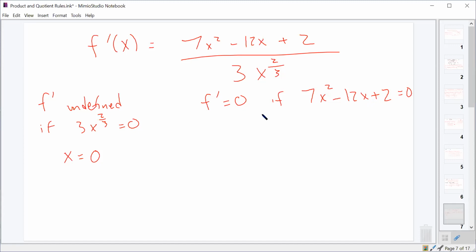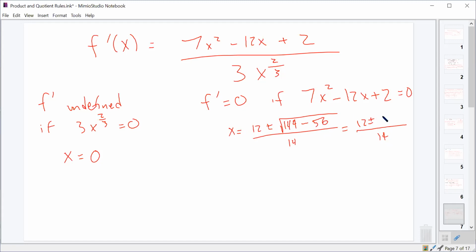So when does this equal 0? Well, unfortunately, that doesn't factor, so we'll use the quadratic formula. That'll be x equals 12 plus or minus radical 144 minus, what is that? 2 times 4 times 7, that's 56, all over 14. Let's see, 144 minus 56 is 88, right?